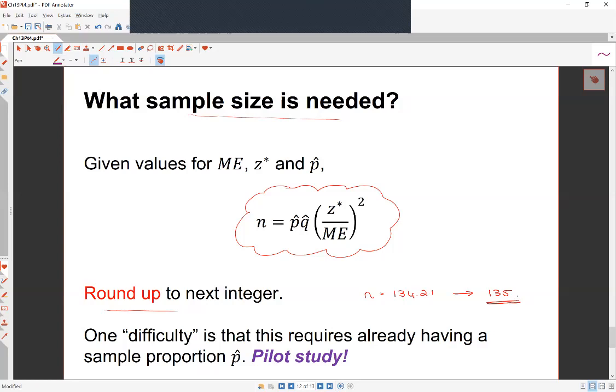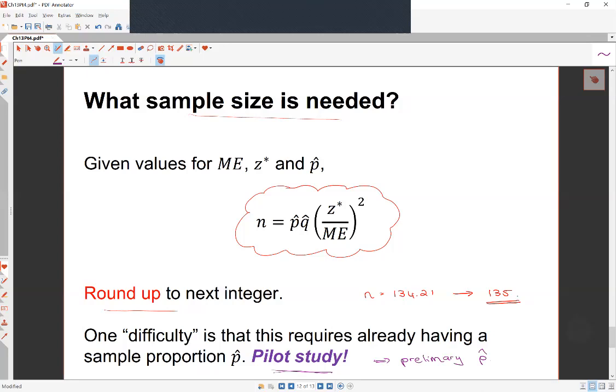But to figure out the sample size they will eventually need, they'll run a small study with maybe 50 or 100 observations and use that pilot study data to calculate a preliminary value of p hat and plug that into the formula to figure out how many additional observations they need to collect.